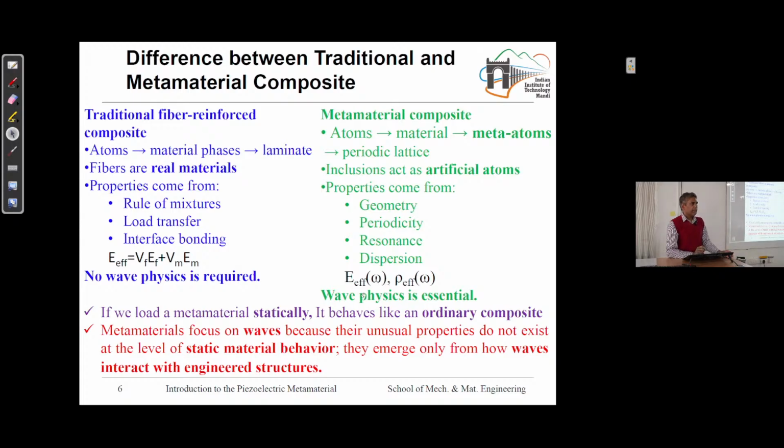So basically, metamaterial composites are designed to sustain dynamic loading, because only under dynamic loading do we have frequency, that is, the structure can vibrate under dynamic loading. So we have the frequency omega.